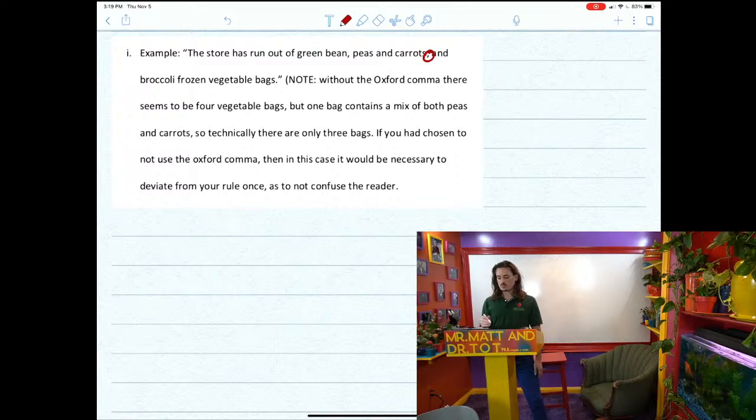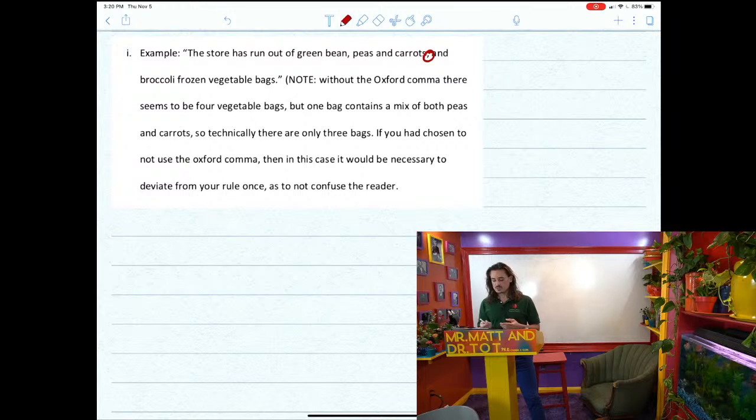We could think that there were maybe 4 combinations, that there was a bag of green beans, a bag of peas, a bag of carrots, and a bag of broccoli. Or you could interpret it as there's just 2 combinations, one bag that's just green beans, and then another combination that's peas, carrots, and broccoli. But in reality, peas and carrots is a combination unto itself, and then we have a vegetable bag full of just green beans, and then a vegetable bag full of just broccoli.